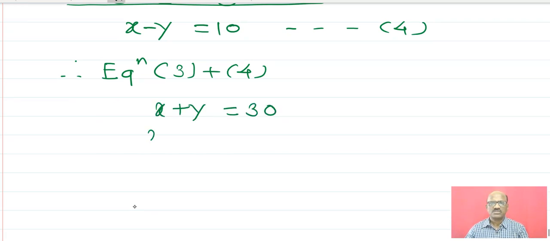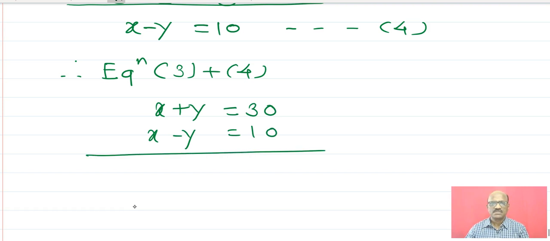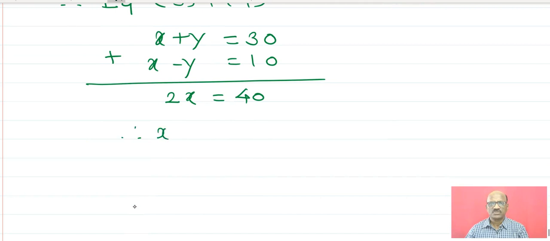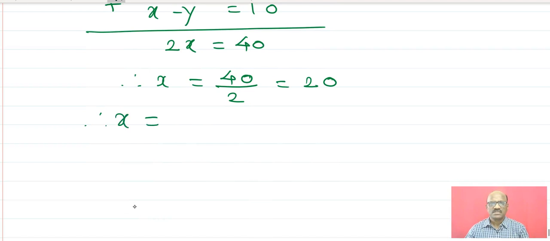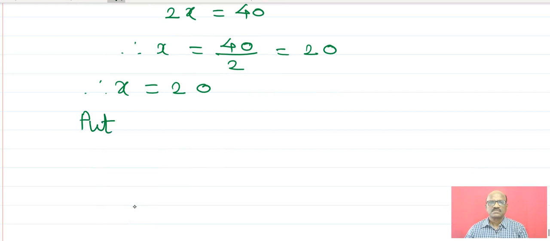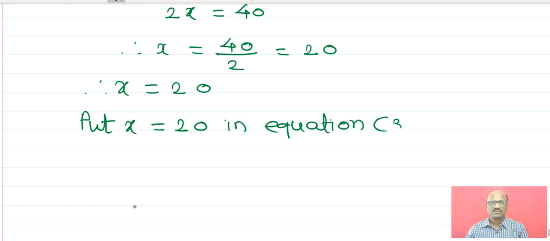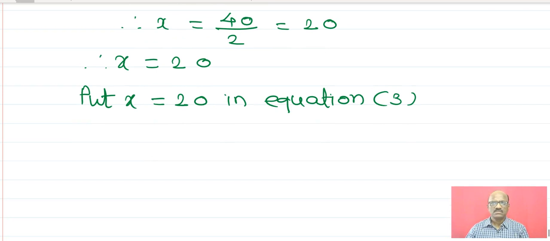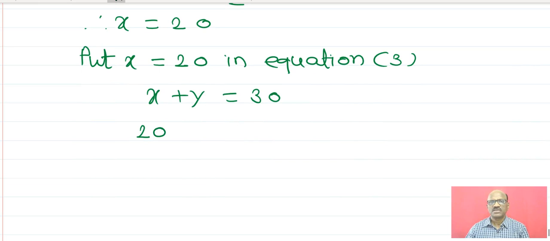That is x plus y is equal to 30 and x minus y is equal to 10. Therefore 2x is equal to 40. Therefore x is equal to 40 upon 2, that is 20. Put x is equal to 20 in equation 3, therefore x plus y is equal to 30, 20 plus y is equal to 30.